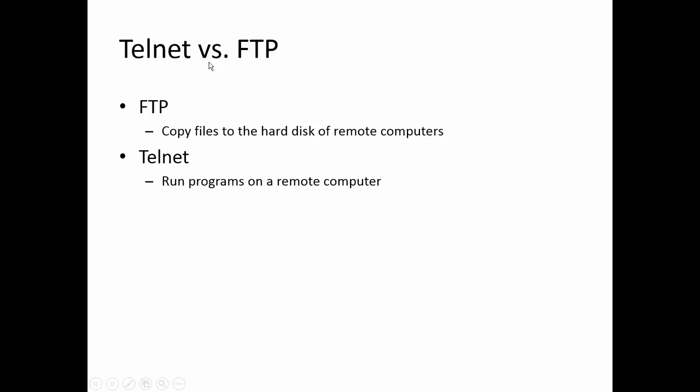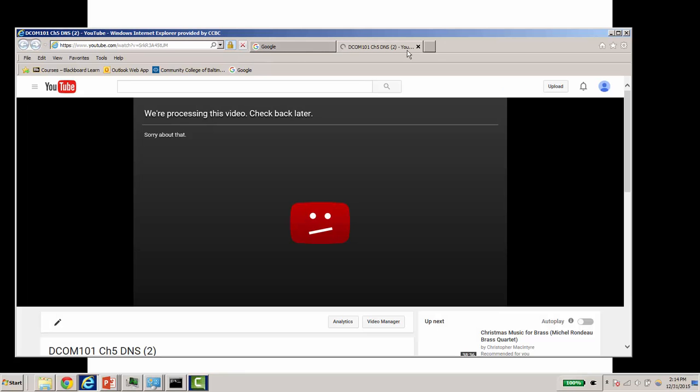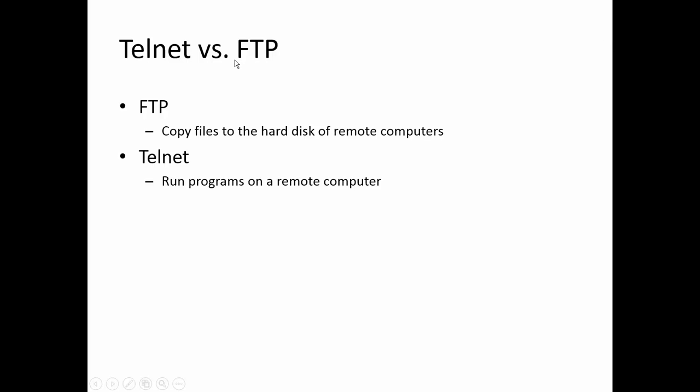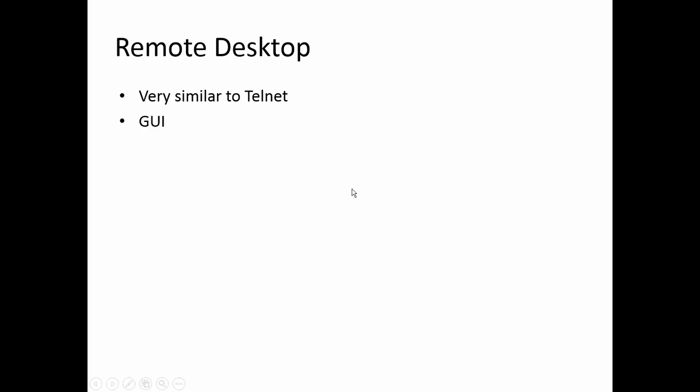So what's the difference between Telnet and FTP? They are similar in that they're both command line interfaces, but FTP simply allows you to copy files to the hard disks of remote computers, where Telnet allows you to actually run programs on remote computers.